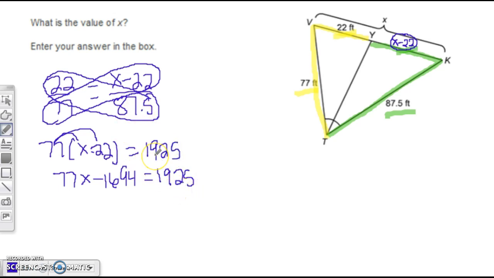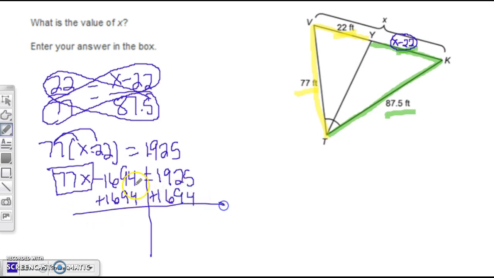Okay, and then we have an equation to solve. My goal is to get the x by itself, so I need to get rid of this negative 1,694. The opposite of subtracting is to add, so I'm going to add that to both sides. Bringing down that 77x, and then I'm going to add these two together.